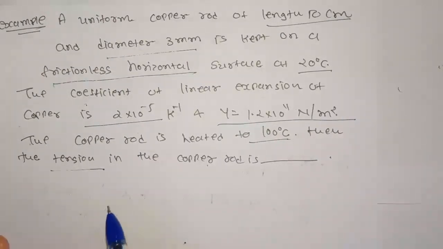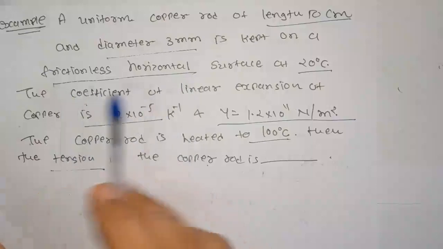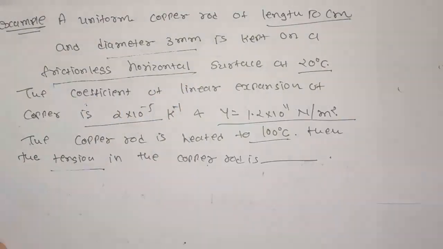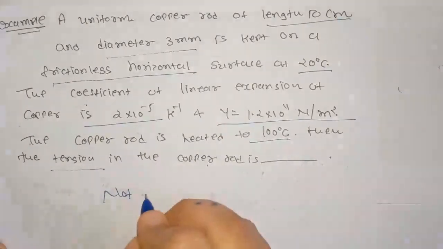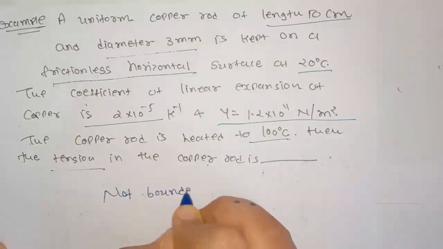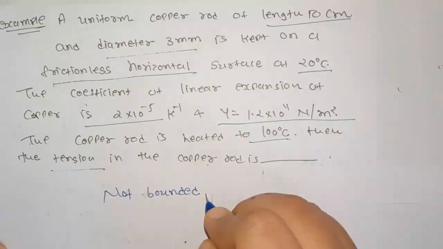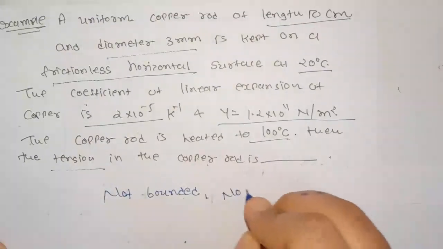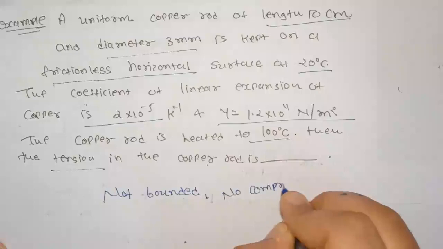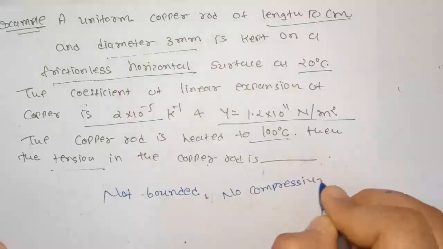Here the rod is kept on a frictionless horizontal surface and there are no fixed or rigid supports. As the rod is not bounded, there will not be any compressive stress.